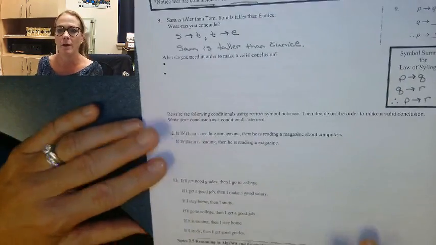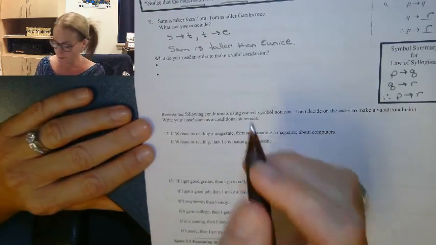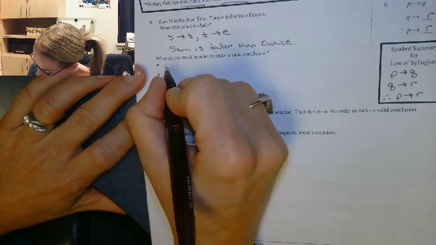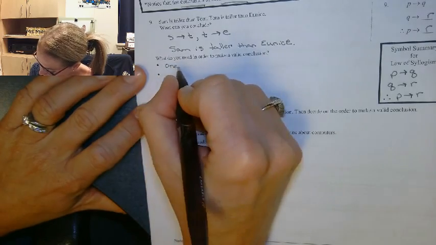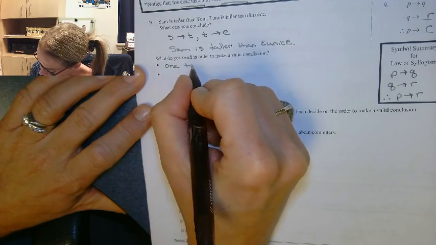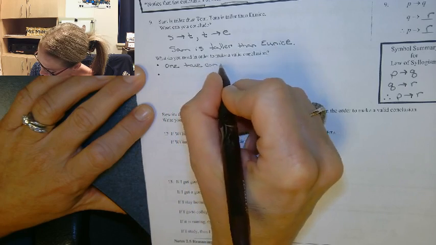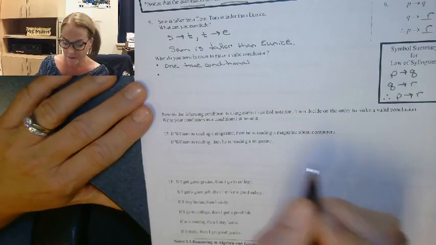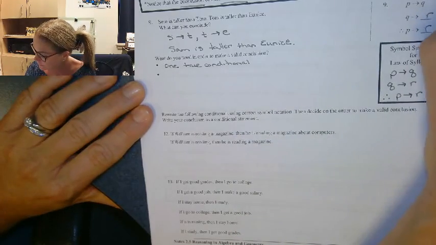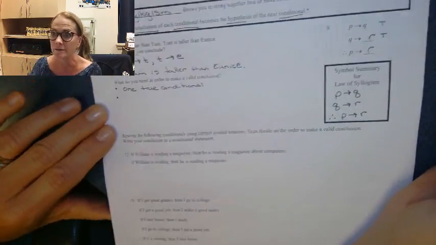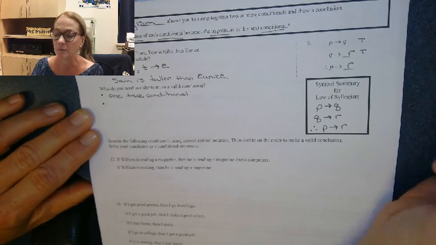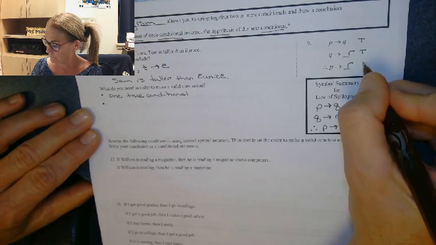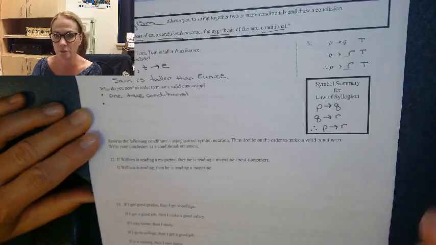All right, so what do you need in order to make a valid conclusion? You need one true conditional. These have to be true, and then you can guarantee that this will be true also.